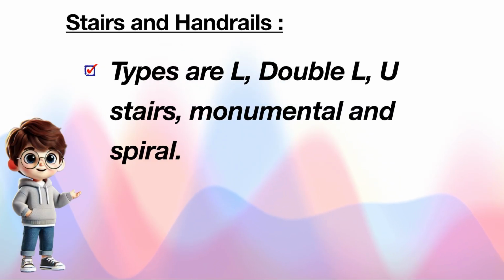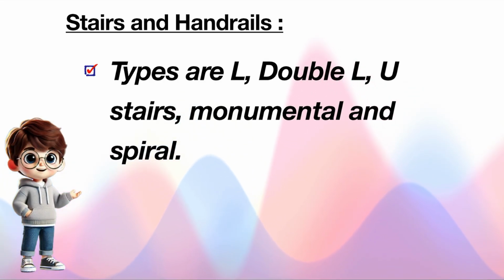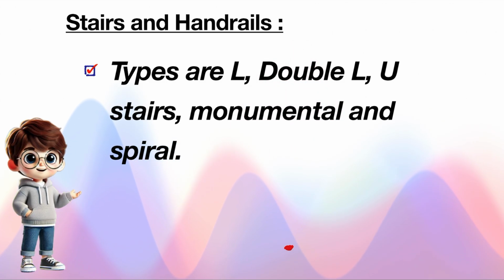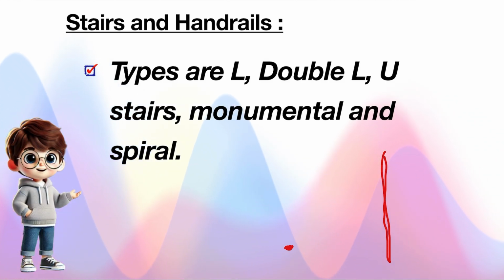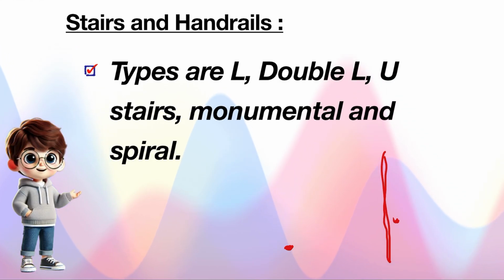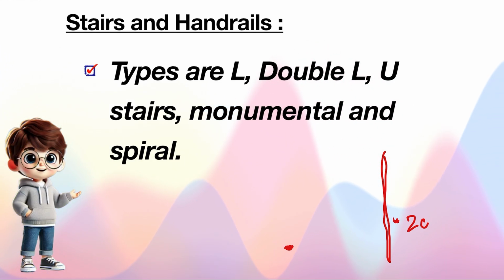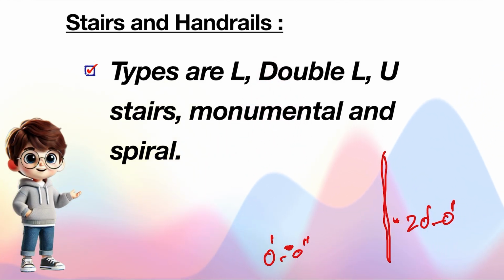Okay, let's see stairs. Stairs are usually of 7 types. One is L-shaped stairs. If this is one elevation and this is another elevation and you need to climb from one to the other, let's say it is 20 feet, and this is 0 feet.